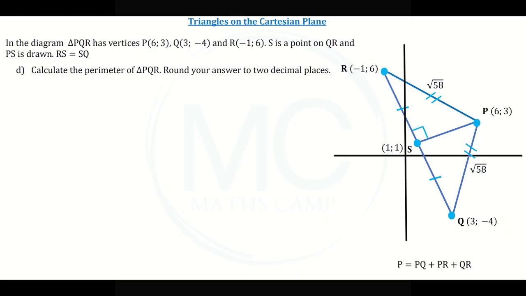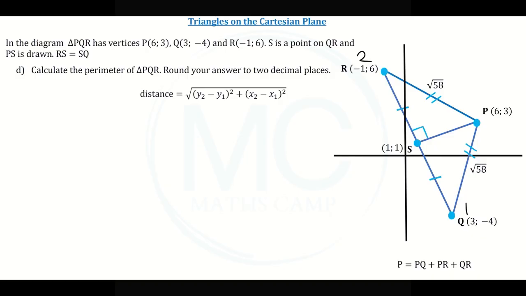We already know that PR and PQ both have a length of square root 58 units. Now we can use the distance formula to find the length of QR. Let's say that Q is our first point and that R is our second.